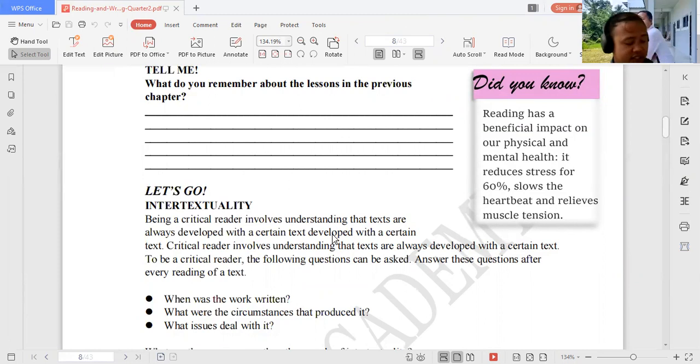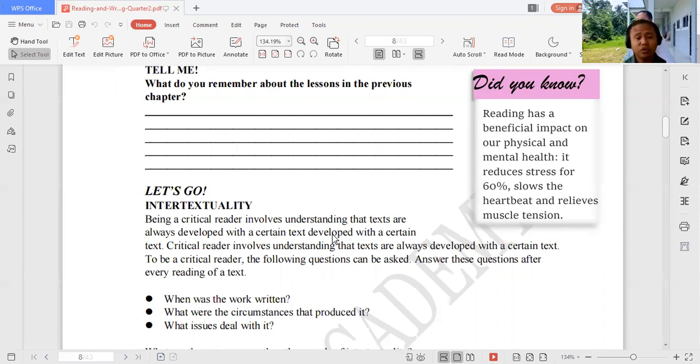Intertextuality. What is intertextuality? Being a critical reader involves understanding that texts are always developed with a certain text. Okay, so to be a critical reader, the following questions can be asked.